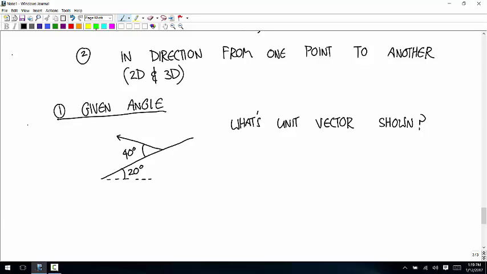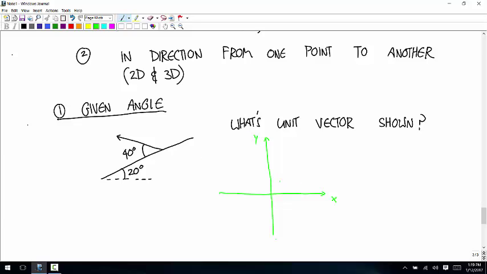Okay, so the way I like to think about this: in order to use cosine and sine for a unit vector, you need an angle that goes counterclockwise from the positive x-axis when that vector's tail is at the origin. So I'm going to set up a bunch of vectors.